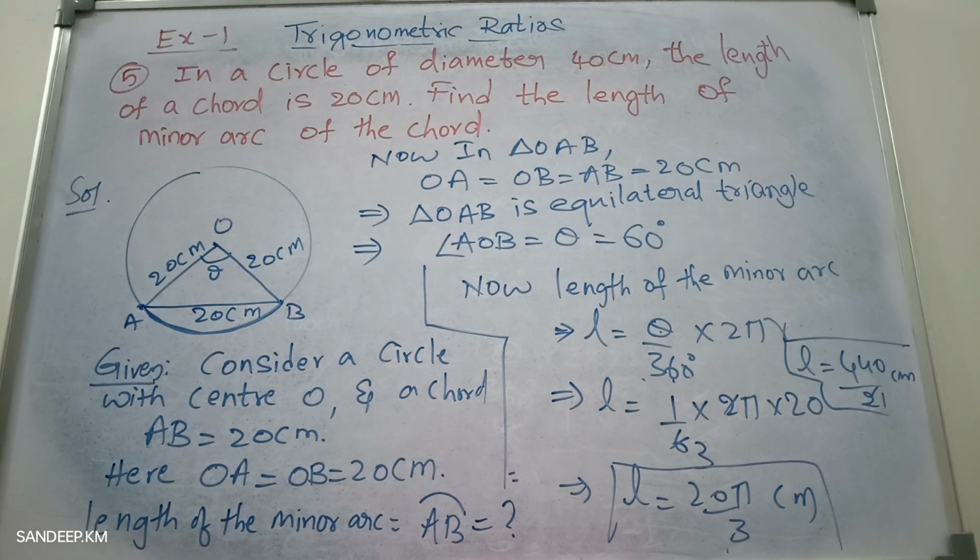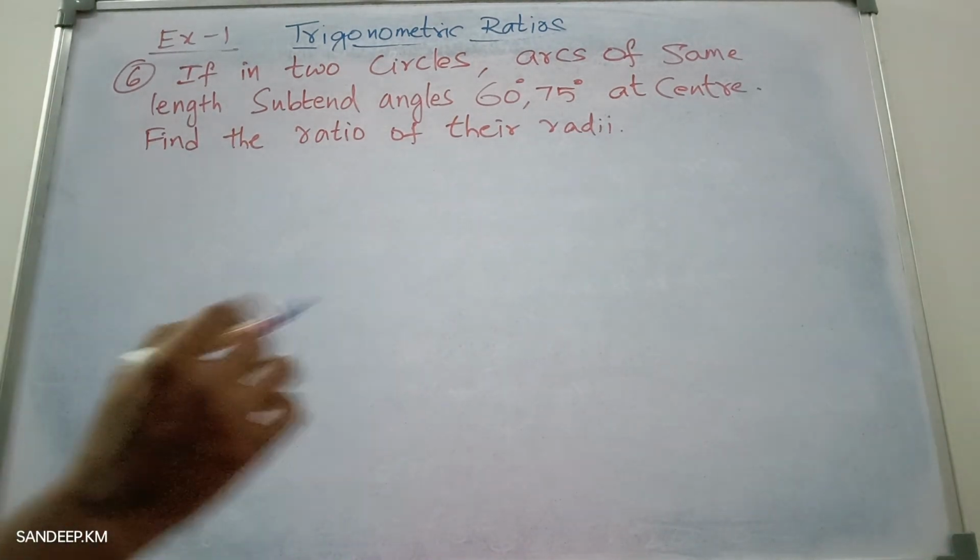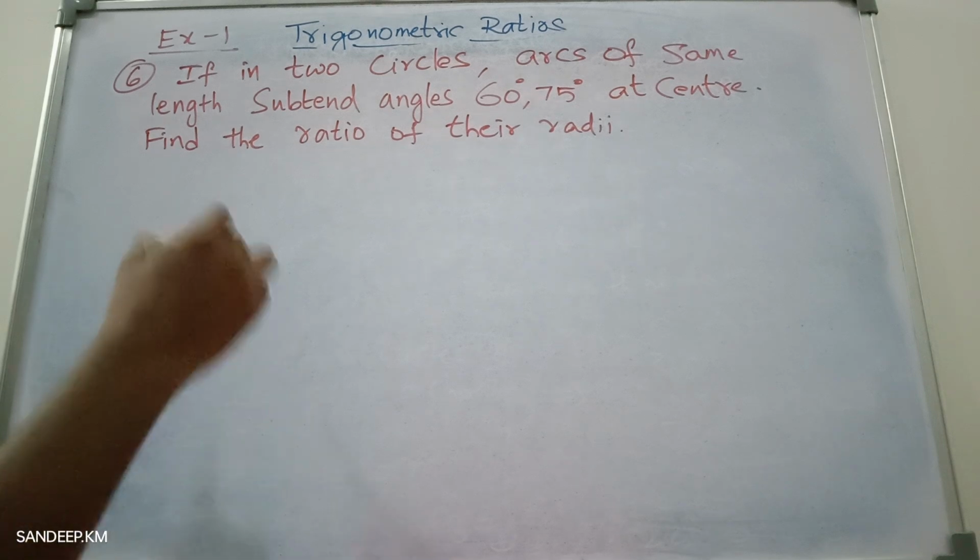Okay, so we will move on with the next question. Question number 6. If in two circles, arcs of same length subtend 60 degrees and 75 degrees at the center. So there are two different circles, dear students, of different radii, of course.